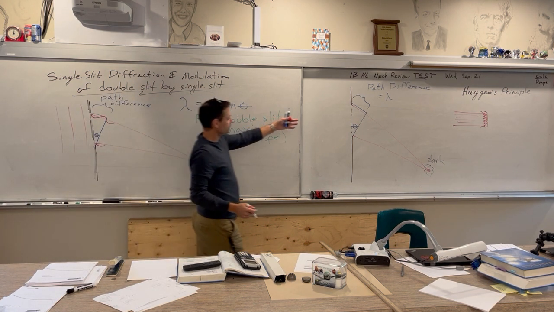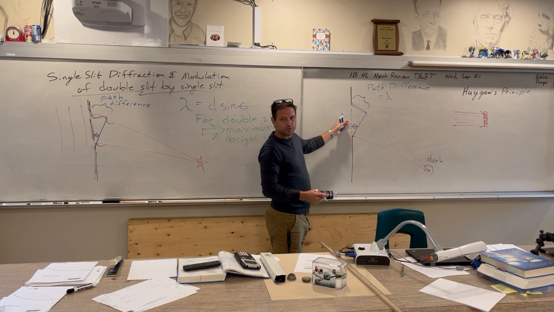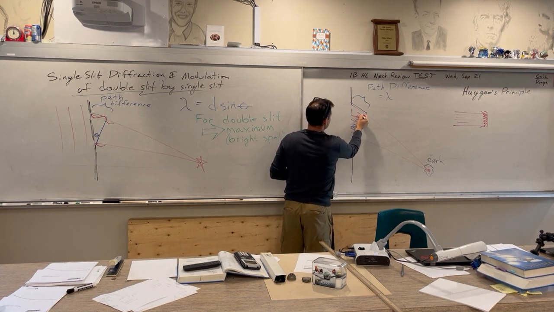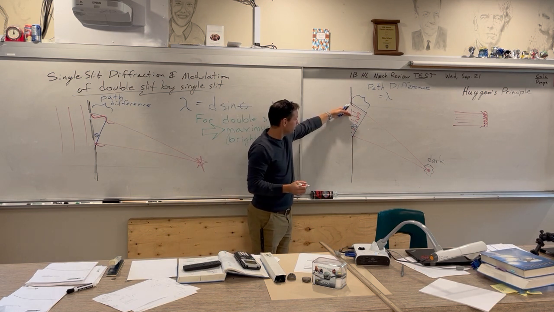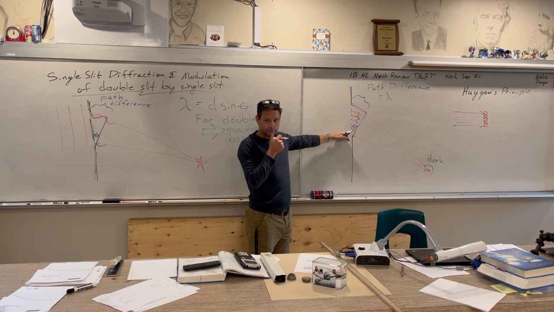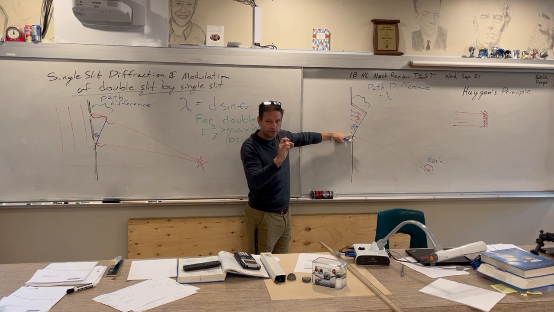But with this one, you've got no barrier in the middle. So what is my average path difference for all of these? Is the path difference lambda for every wavelet? No. What's the average? Lambda over 2. Right here between these two, if they're really close together, it's almost 0.